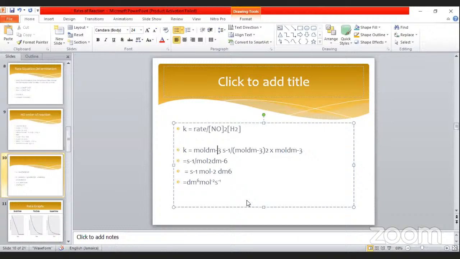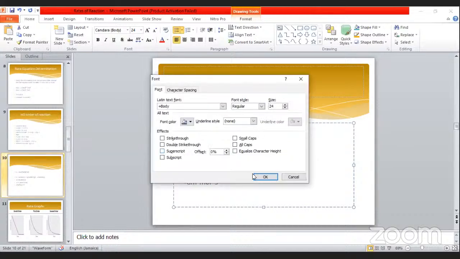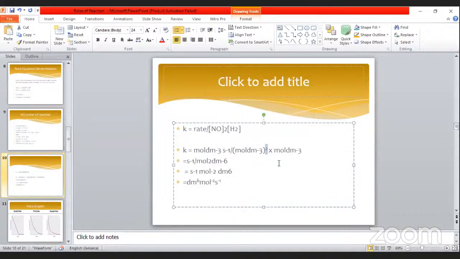So your mole per dm cube for nitrogen monoxide is now mole per dm cube squared, not 2. Let me superscript this so that you can see it better. The unit for hydrogen concentration is mole per dm cube.